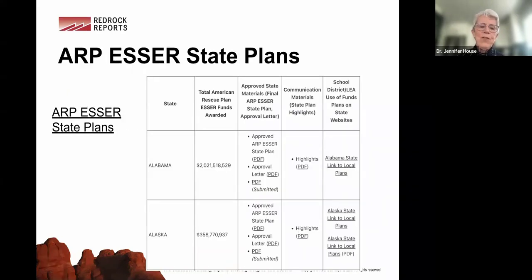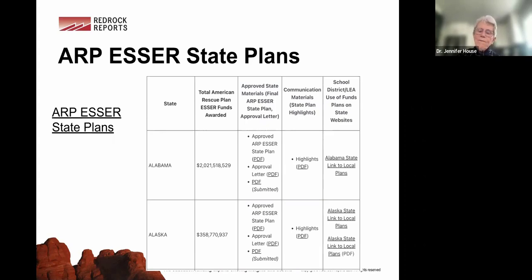Then I'm going to give you this hot link. Even though it's not a different color, the underlined words to the left, you can click on that. This is an interesting one. You may remember having to do the plan for how you're going to spend the American Rescue Plan money.